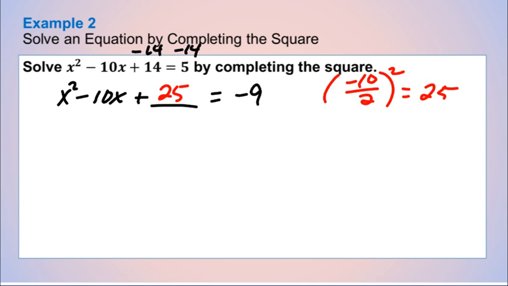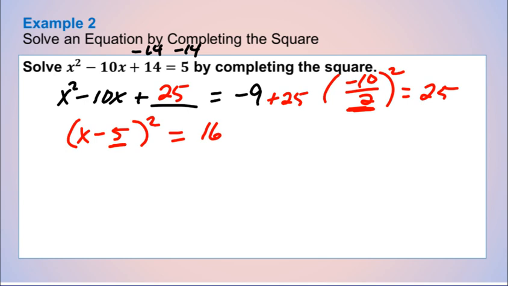But if I add 25 to the left-hand side, I have to add 25 to the right. So the left side is a perfect square trinomial. So that's x minus 5 squared. And you'll notice that when I find half of b, that matches what's in my parentheses. And then on this side, negative 9 plus 25 is 16.